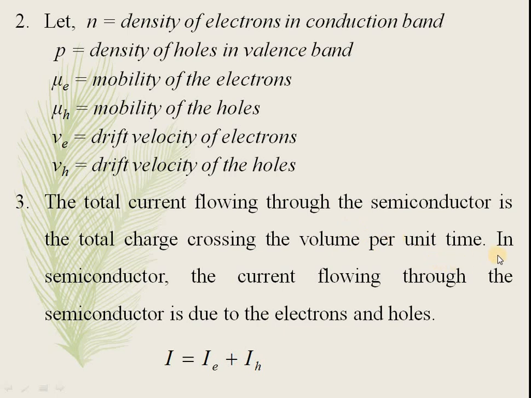As we know that in a semiconductor, the current flowing through it is due to the electrons and holes, that total current we consider as capital I, which is equal to the current due to the electrons plus the current due to the holes. So I is equal to I_e plus I_h, E for electron, H for holes.